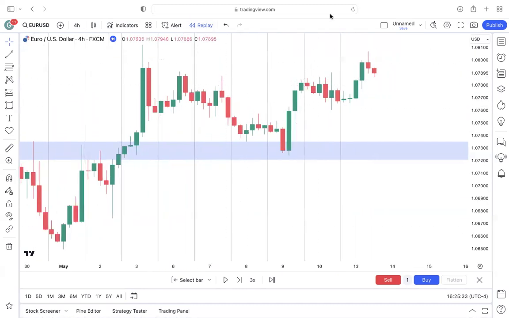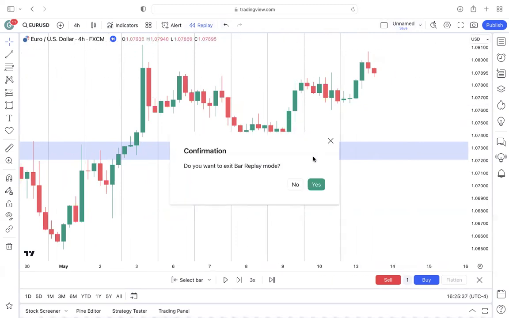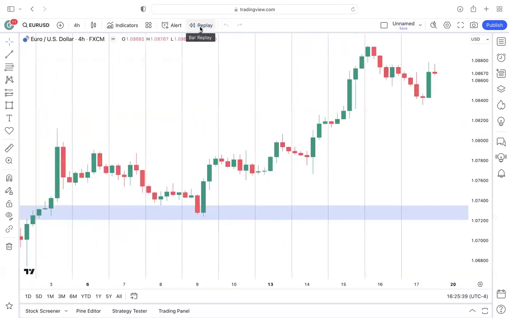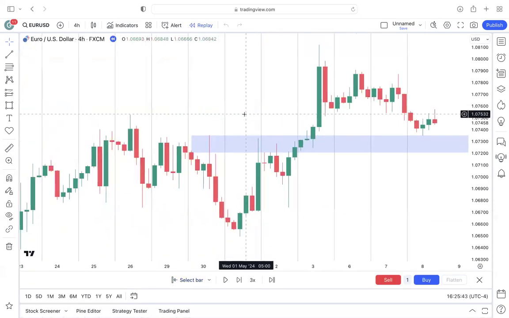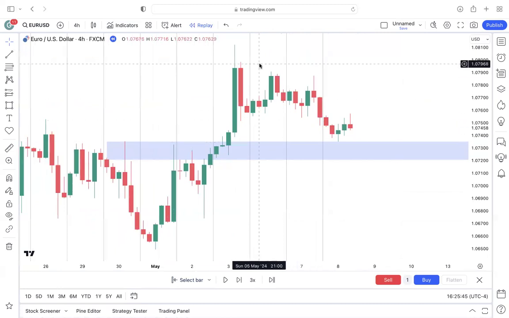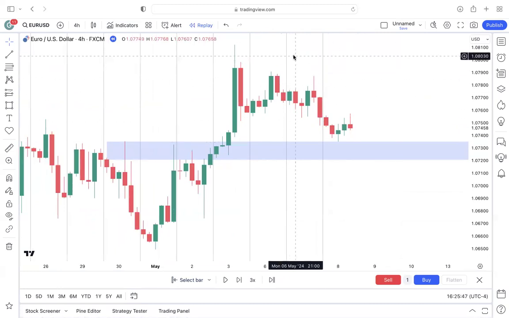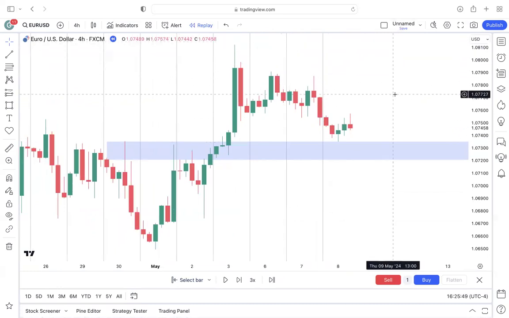Hold on. How do I get this out of the way? So this blue zone is our daily bullish order block, wick to body. Okay.